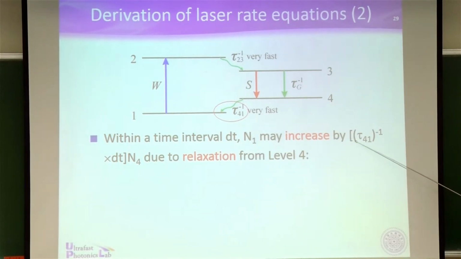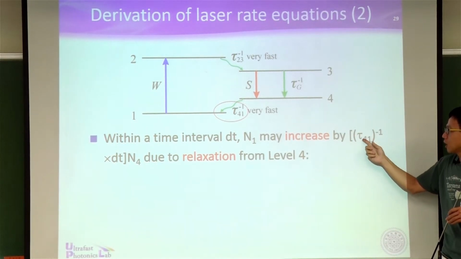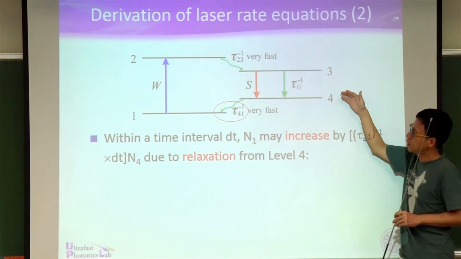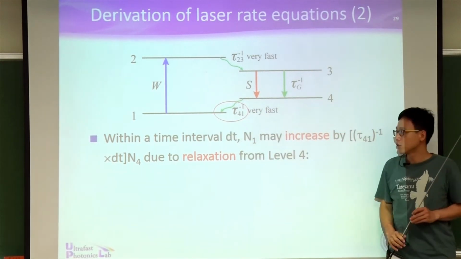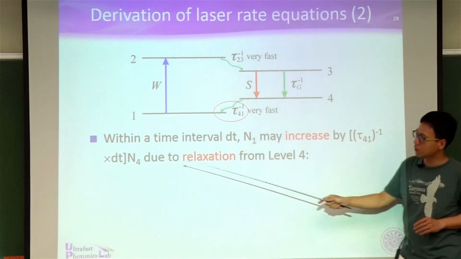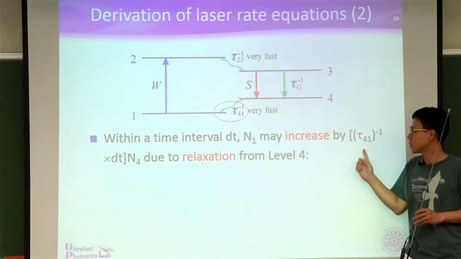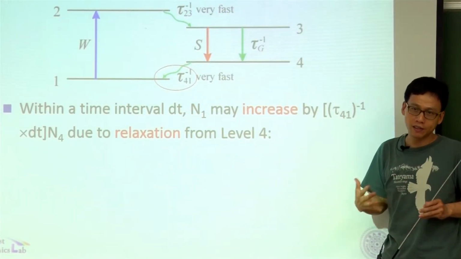Okay. Let's check whether this is correct. When relaxation takes place, roughly speaking, within tau 4 the electrons on level 4 will be dumped to level 1. So this is the percentage, right? Relaxation time constant, but with an inverse here, times the time interval dt. Okay? So this is very similar to the W in the pump process, a rate.